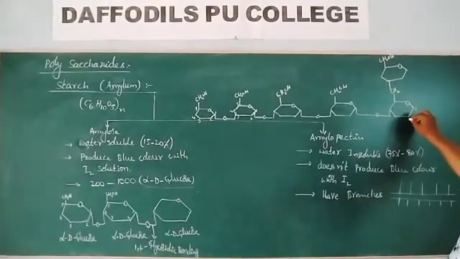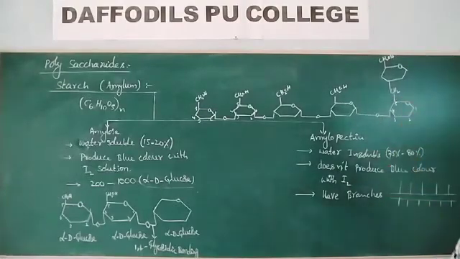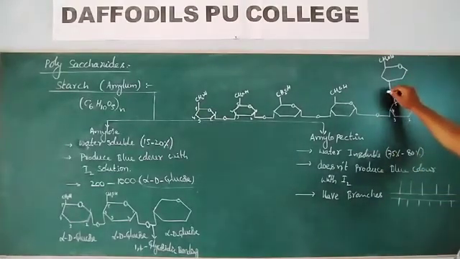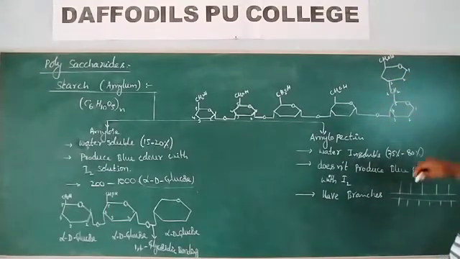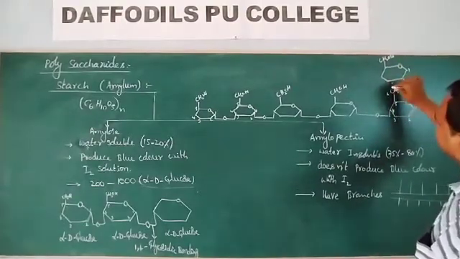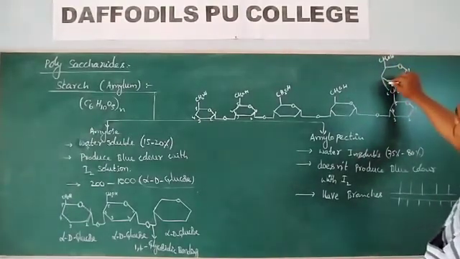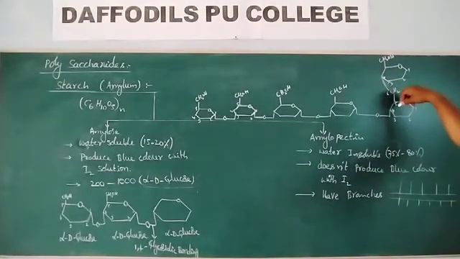So count this one: 1, 2, 3, 4, 5, 6. Here, at one place, the branch chains are forming.